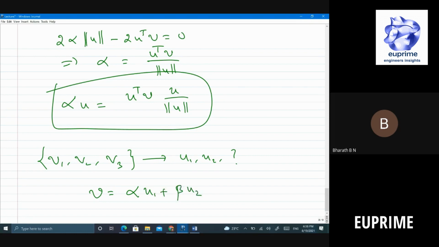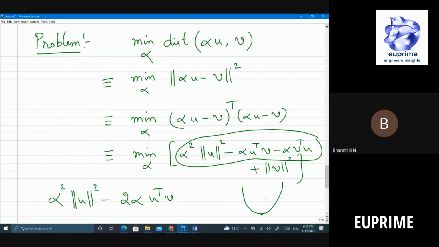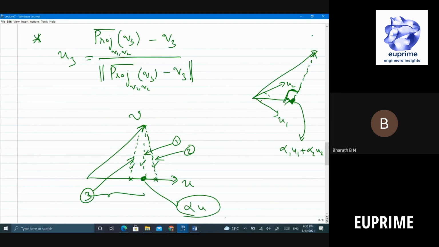This corresponds to this point, but that point should be orthogonal to what? If I subtract V3, this vector minus this vector is V3, so that should be orthogonal to what? Itself. Do you agree?